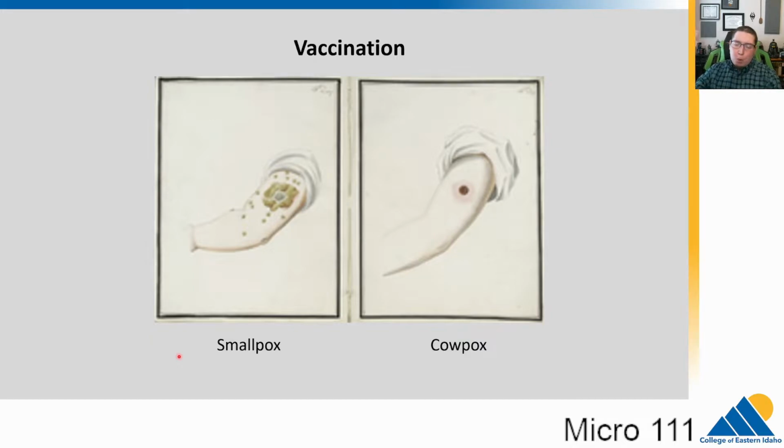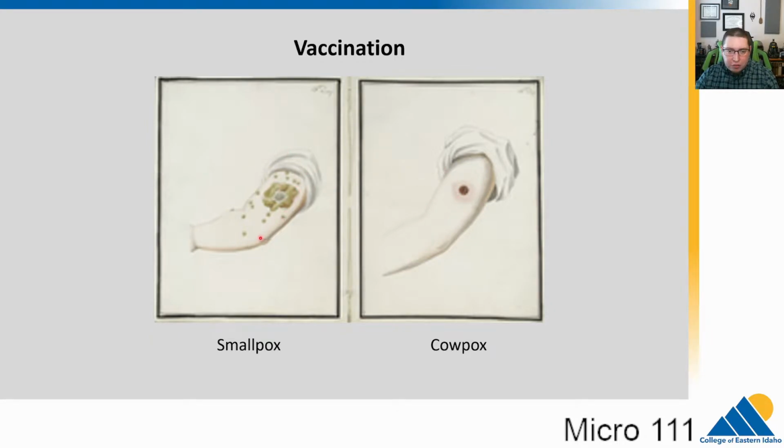Okay, so if we remember way back to earlier in the semester when we talked about vaccination, you might remember that milkmaids claimed to be immune to smallpox if they had previously got cowpox. Cowpox is a virus that is related to smallpox. It can cause small lesions.